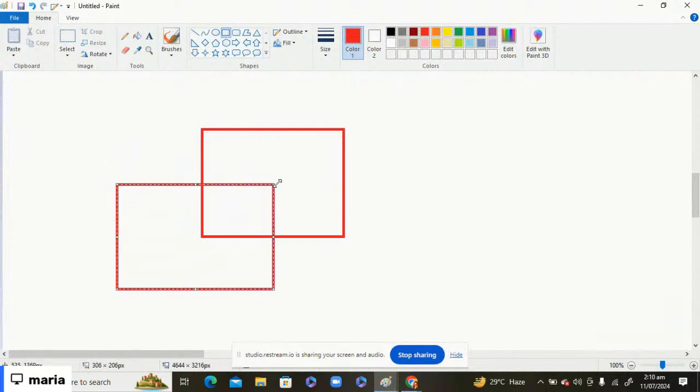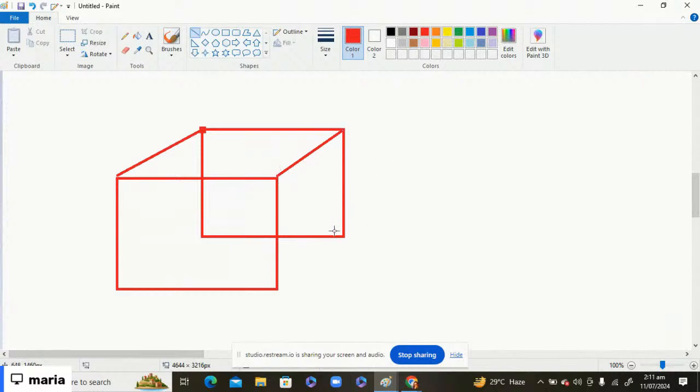Okay, this one. So I'm just going to move all of it. Okay, so we are going to count how many faces the shape has.